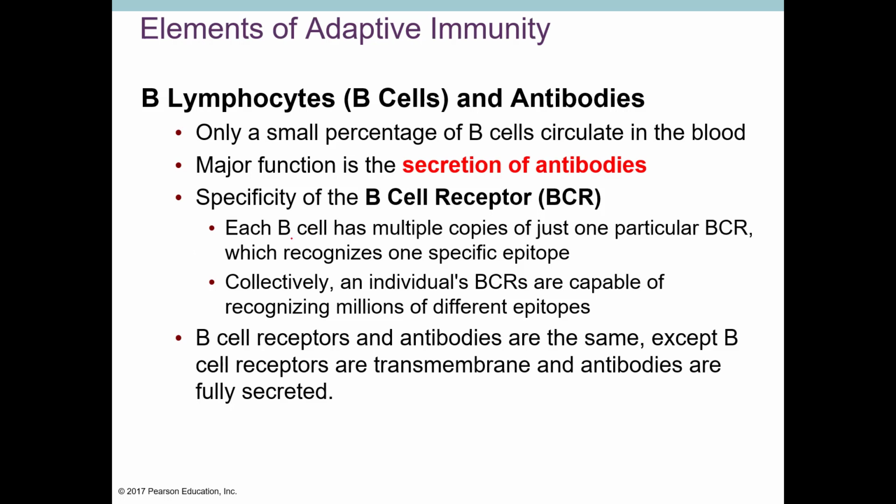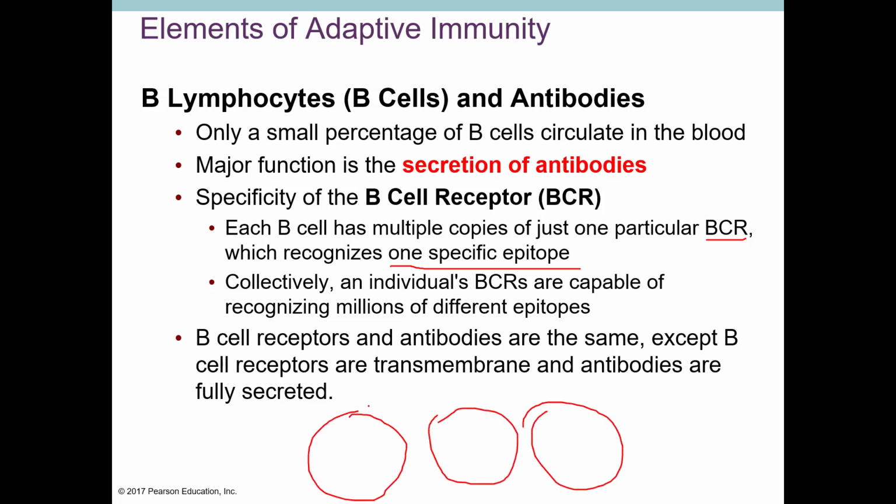And each B cell has just one B cell receptor type, and that recognizes a particular epitope. So again, you have all these cells already set up in your system. I think it's amazing. And each cell would have its particular B cell receptor. Of course, there's not just one on the surface, they would be all over the surface, but I'm just drawing one.